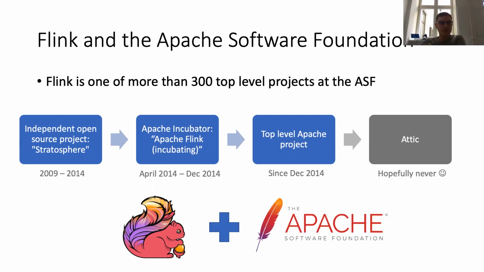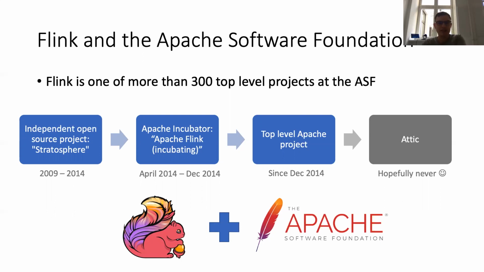And for adding a project there, you need to write a proposal that is like a predefined template. And then there's a discussion in the Incubator project about this proposal. And then there will be a vote. And after the vote, the project is considered an incubating project.